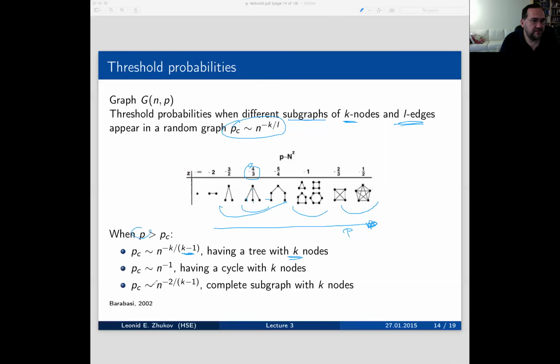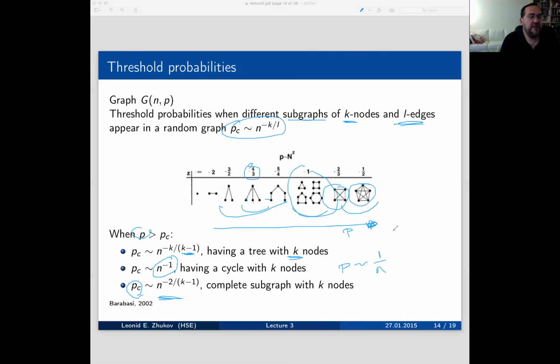When p is proportional to 1/n, that is n^-1, then we start seeing cycles. And in fact, this is the point where the phase transition happens. So when the phase transition happens, we start seeing the first cycles in the graph. And if you keep increasing p, you can get to the point where you start seeing complete subgraphs.